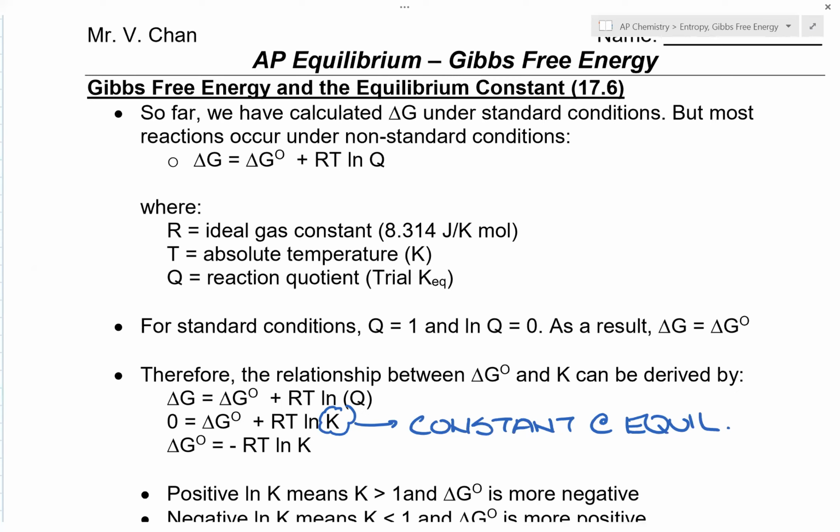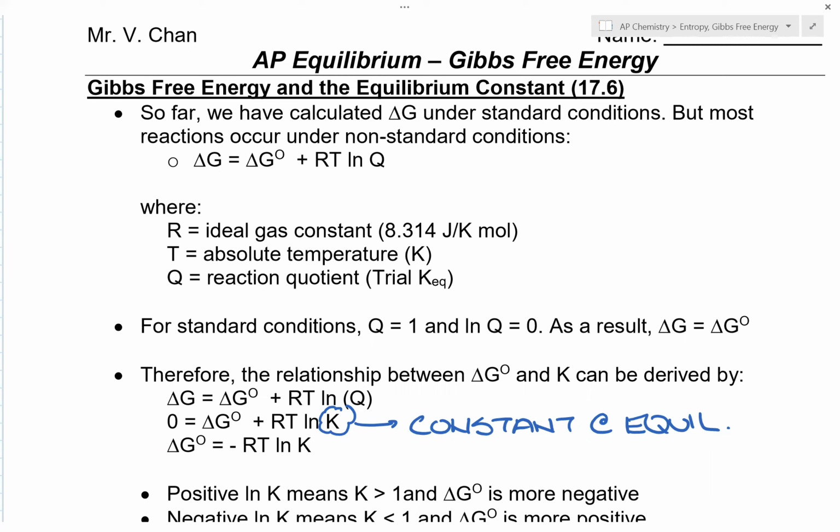So we have to modify the equation, where delta G is equal to delta G naught plus RT natural log of Q, where R is the ideal gas constant, T is the absolute temperature in kelvins, and Q is the reaction quotient. For standard conditions, Q is equal to 1 and the natural log is equal to 0, so delta G is equal to delta G naught.